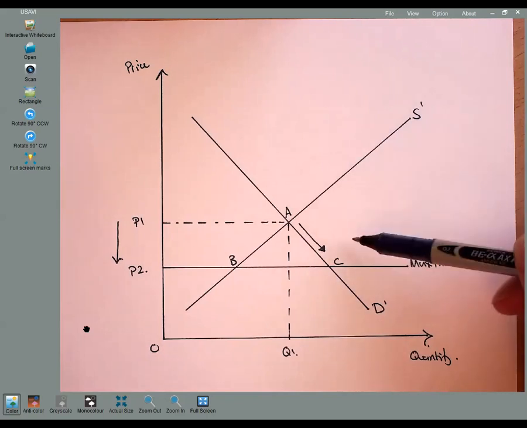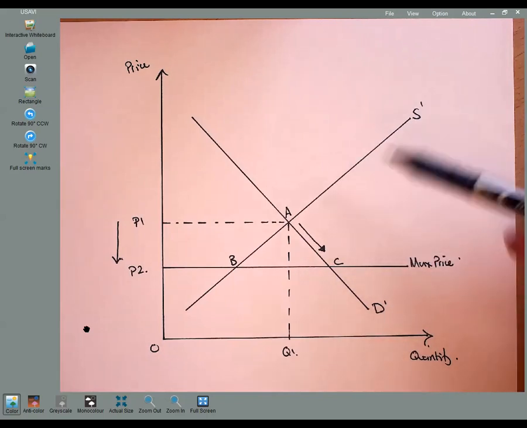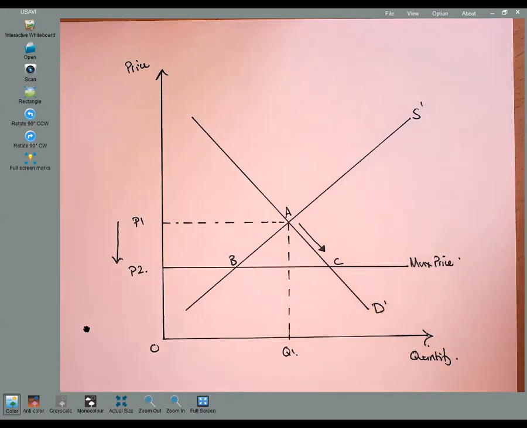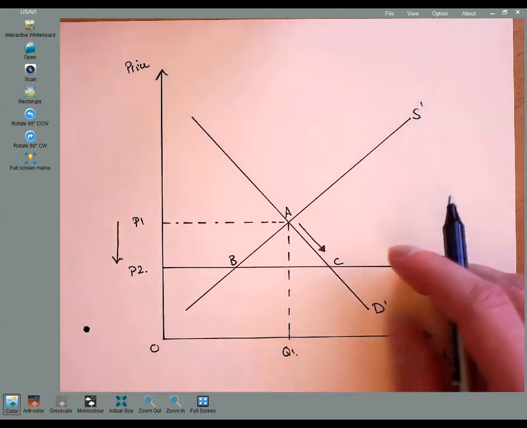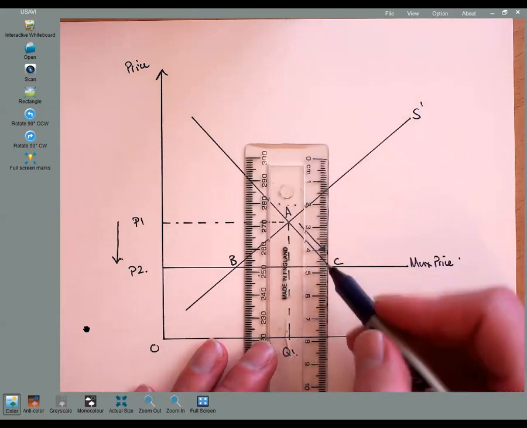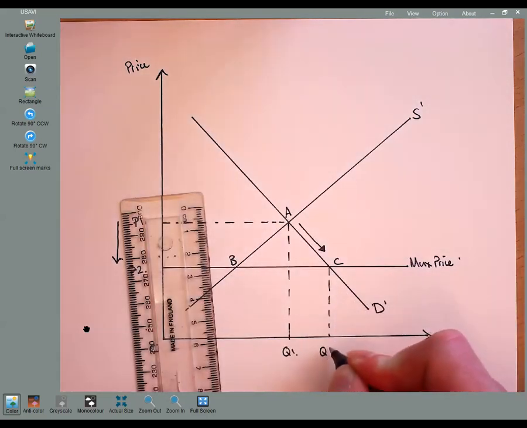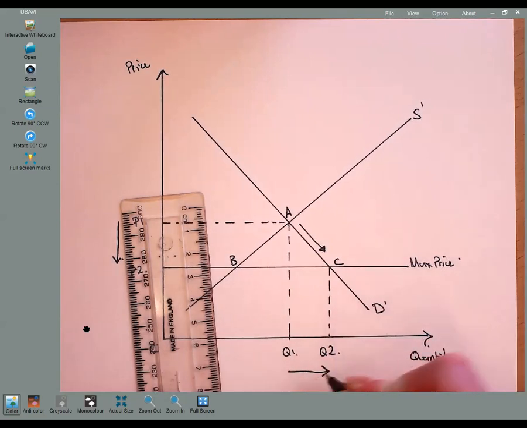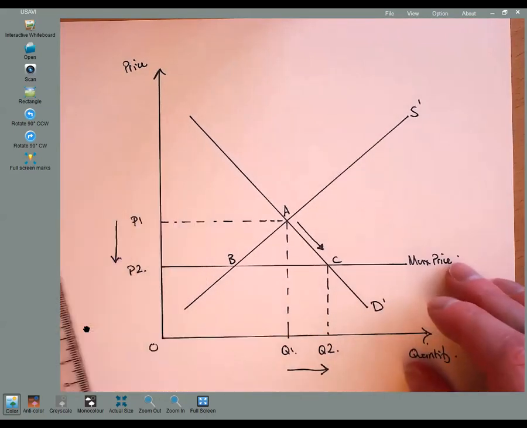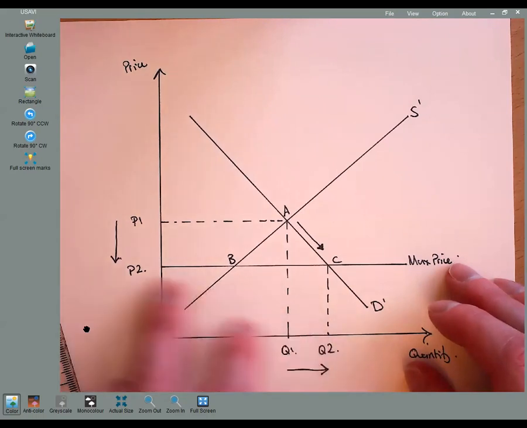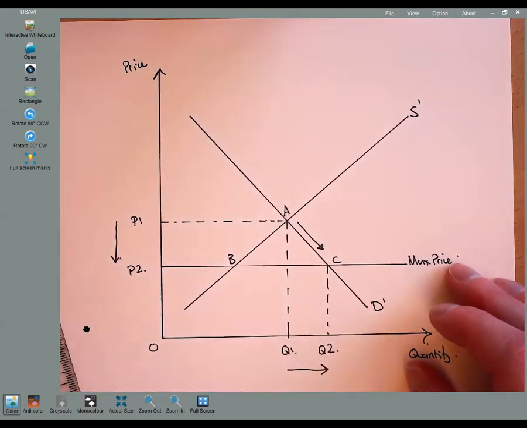Going above that would be illegal, and firms obviously can be sanctioned through fines and imprisonment in some of the most extreme cases. So consumers now demand more of their goods. The demand for the good increases up to Q2, which is great. More people now are willing and able to purchase the good because the price is now a more reasonable figure for them financially.